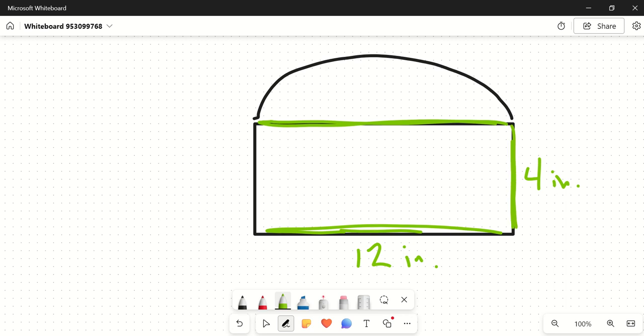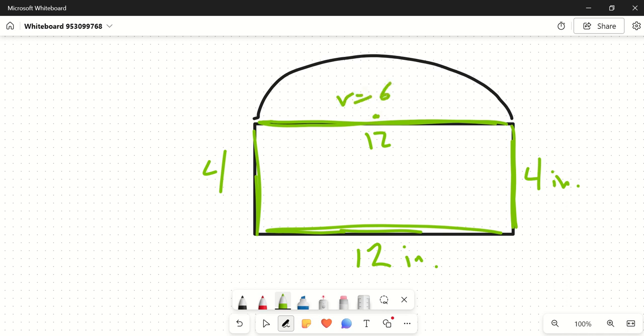This side is 4, so this side is also 4. So that means our diameter for our circle is 12. I don't need the diameter though, I need the radius. And again, what's the rule of the radius? The radius is always half of the diameter. So what's half of 12? 6. So my radius here is 6.